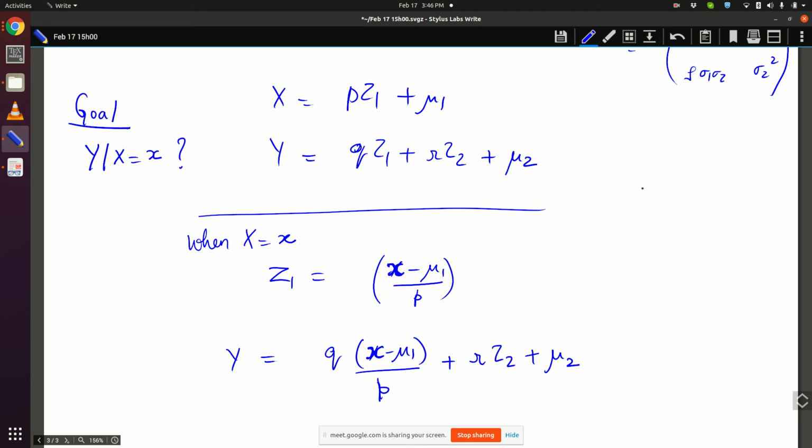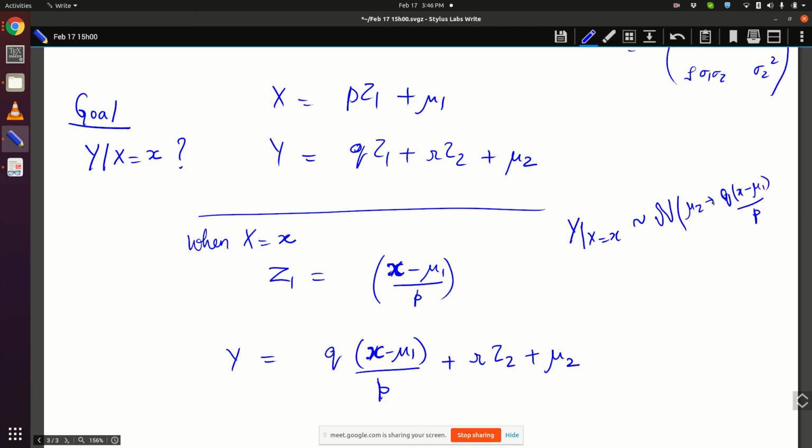Can someone tell me what the distribution of y given x is equal to small x will be? It will be mu2 plus q times x minus mu1 by p.